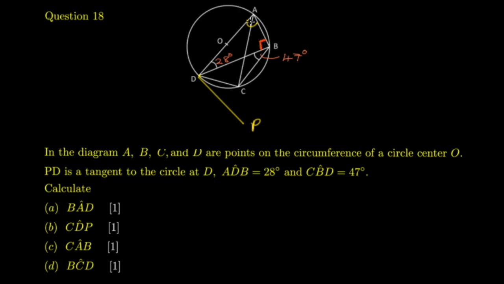This one is a diameter and it's forming an angle here, so this one should be 90. And also angles subtended from the same chord. For example, this one is a chord, it's subtending two angles here. On the circumference, angles subtended by the same chord are equal. So here you have 47, this one must be 47 as well.